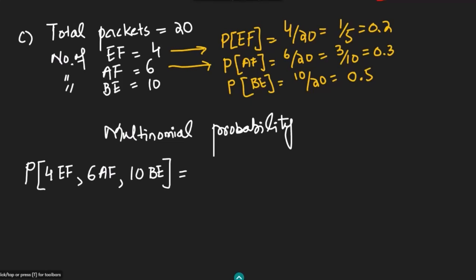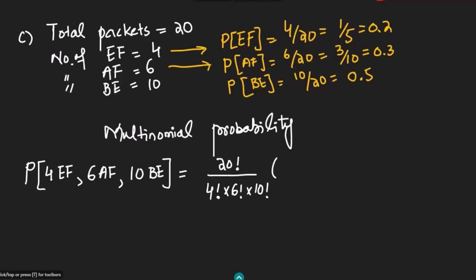Okay, so here, according to the multinomial probability law, I have to take the factorial of the total number of packets and divide it by the factorial of the number of packets of the first class multiplied by the factorial of the number of packets of the second class multiplied by this last class, and I have to multiply them with the probabilities of each class.